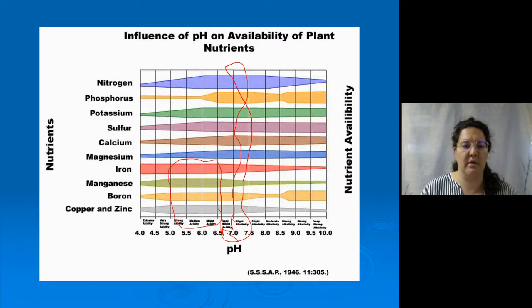Except for iron, once you get too acidic, even those nutrients start to become decreased in availability. And then some phosphorus even becomes more available once the soils are more basic. But a neutral pH, or even slightly acidic, like 6 to 6.6 to 7, is going to be optimal for most plants to successfully absorb nutrients from the soil.